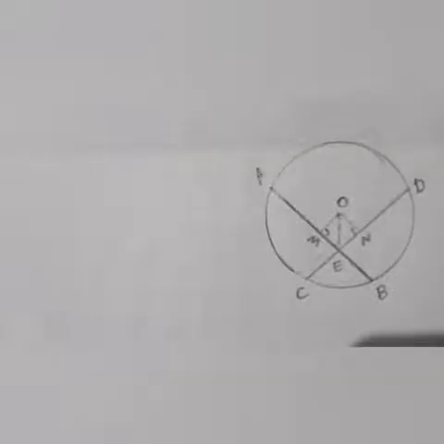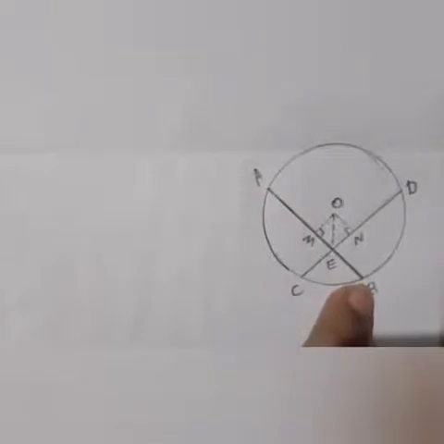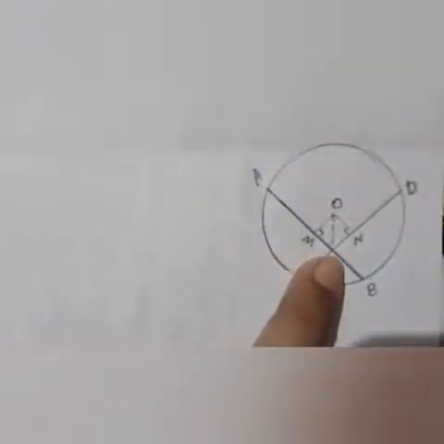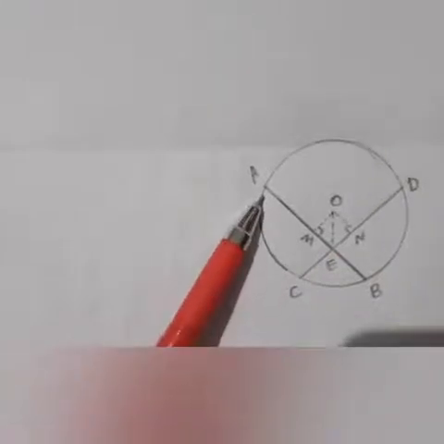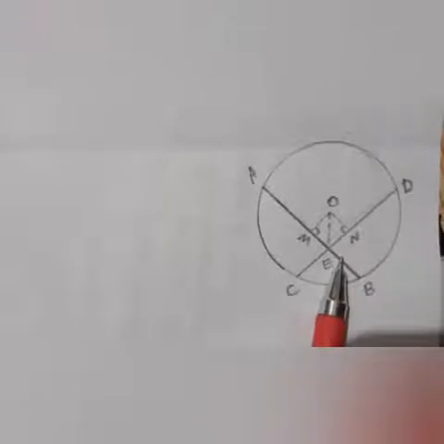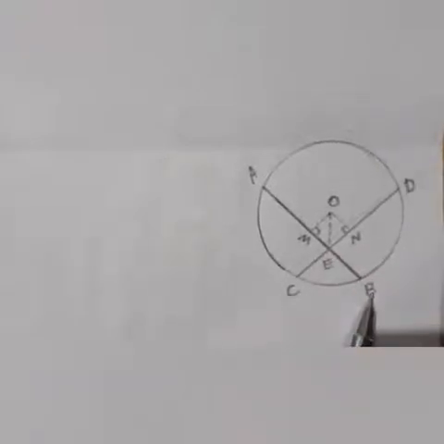Given a circle with the center O, its two equal chords AB and CD intersect at E. We need to prove AE equal to DE and CE equal to BE.